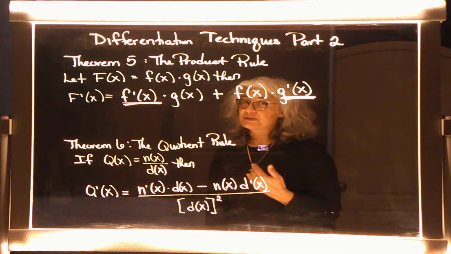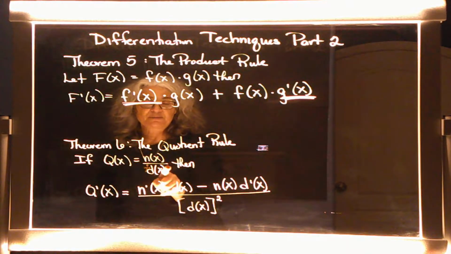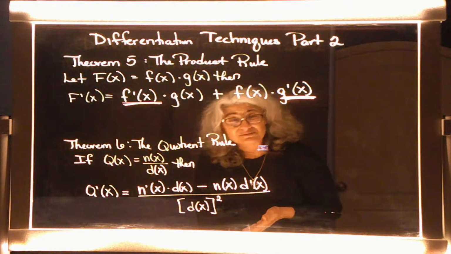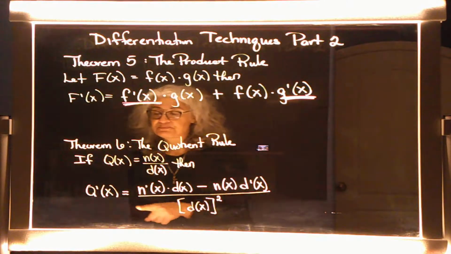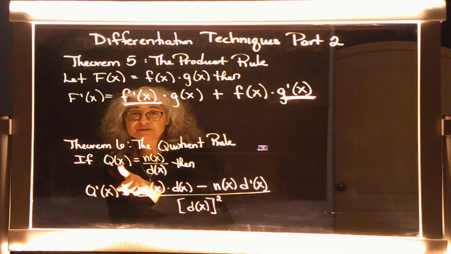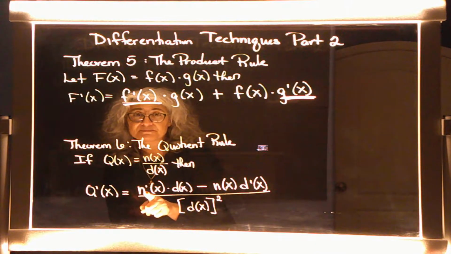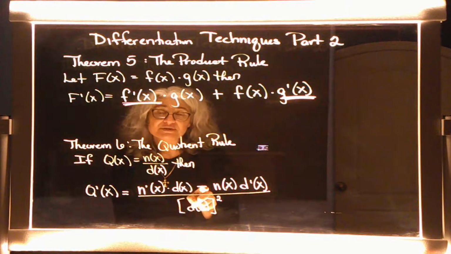Okay. The reason I did it in that order is because when we go with the quotient rule, the quotient means we're working with a division problem, which means I've got the numerator divided by the denominator. Clearly the denominator can't equal 0, right? Now, to find the derivative of this quotient, you take the derivative of the first one, which is the numerator, multiplied by the denominator, and now I'm subtracting.